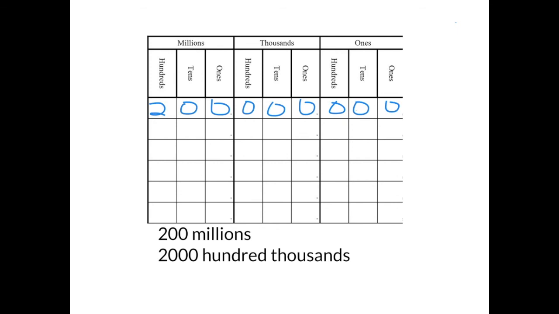Hundred thousands. So if you take a look at this place, that's 100 thousands. Can you tell me how many 10,000s this is? Hopefully you got 20,000 10,000s. How do we get that? Because here is 1,000 here, and here is the tens place. So 20,000 10,000s.